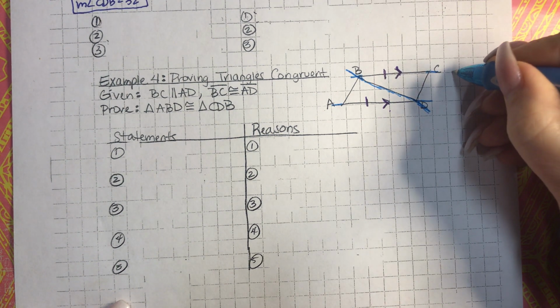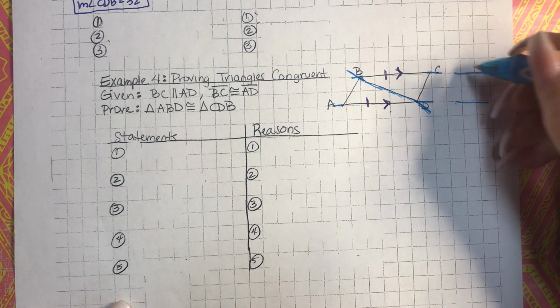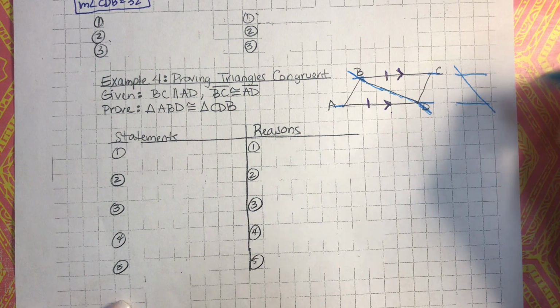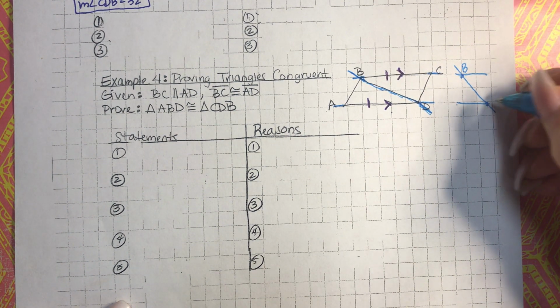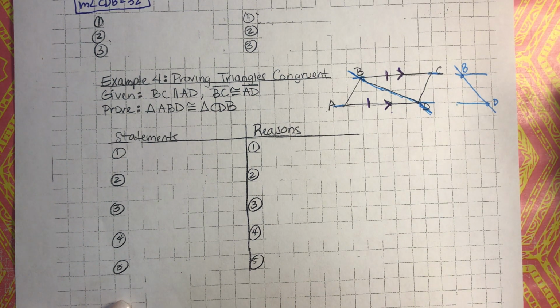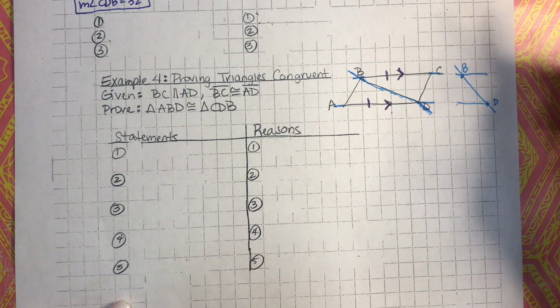So if I were to draw these lines over here, our transversal is right there, where this is B, this is D. Okay, do you guys see that?